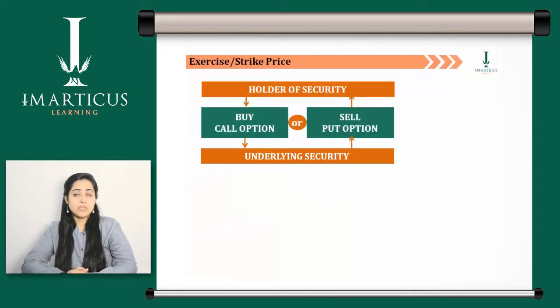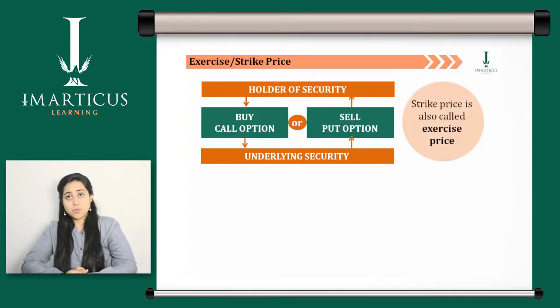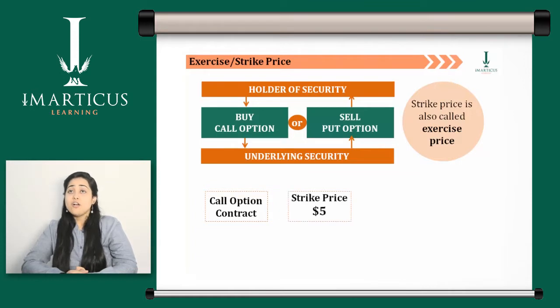Strike price. The strike price is defined as the price at which the holder of an option can buy, in the case of a call option, or sell, in the case of a put option, the underlying security when the option is exercised. Hence, the strike price is also known as the exercise price. For example, an investor purchased a call option contract on shares of ABC company at a $5 strike price.